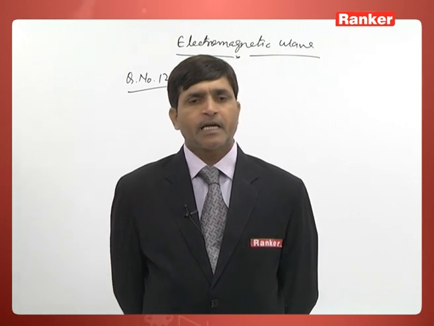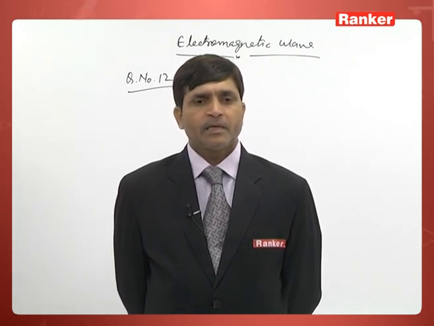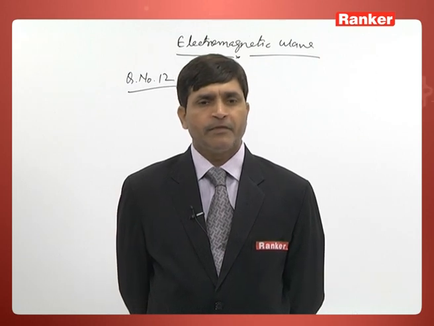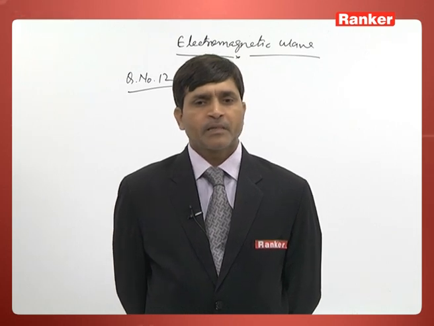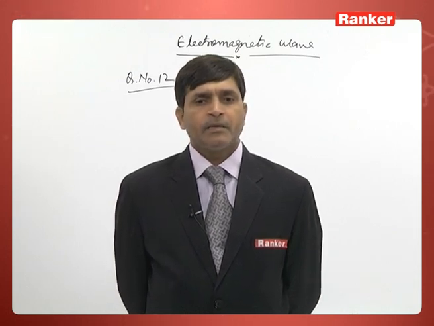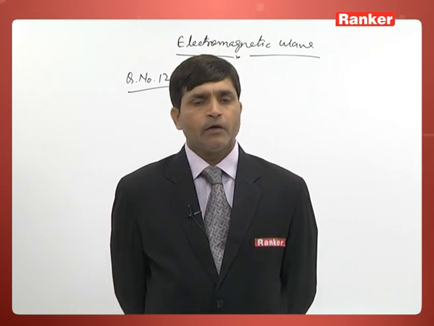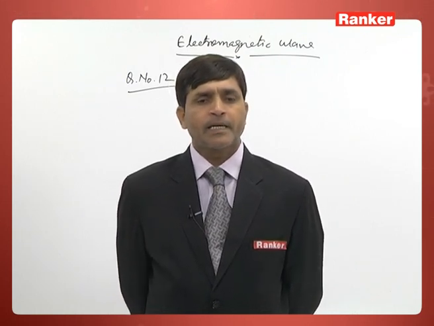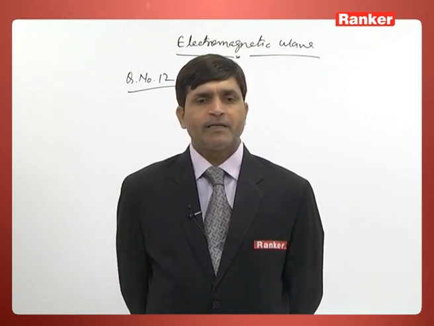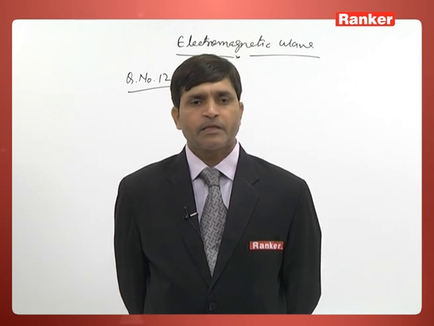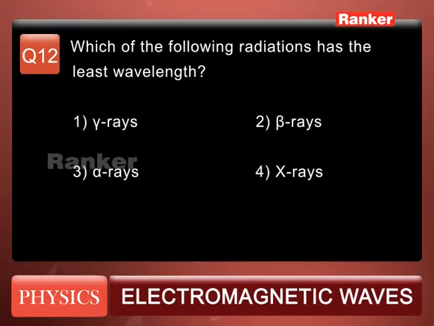The radiations which have minimum energy have the maximum wavelength, and the radiations which have maximum energy will have minimum wavelength. So out of all the radiations, gamma rays are the most energetic, so their wavelength will be minimum. So our correct option will be option number 1. So gamma radiations are the most energetic but least wavelength radiations.